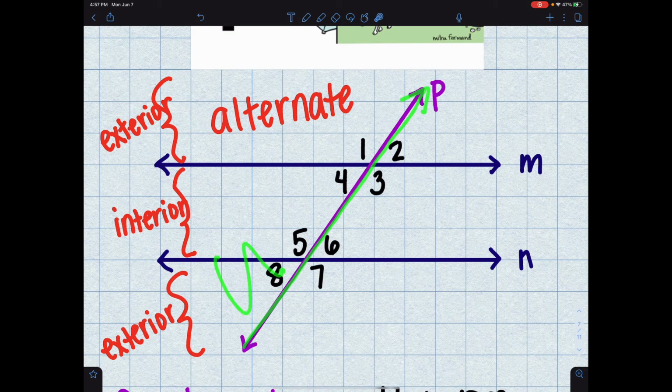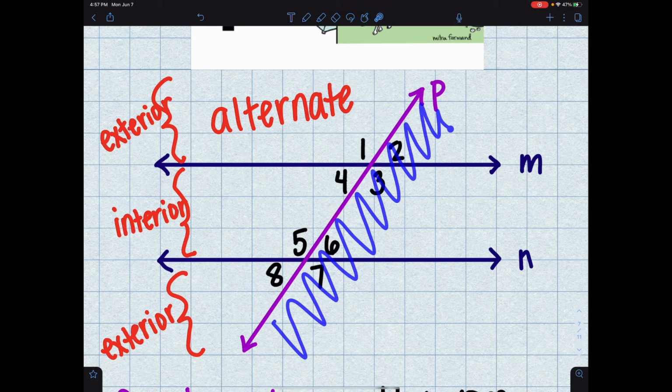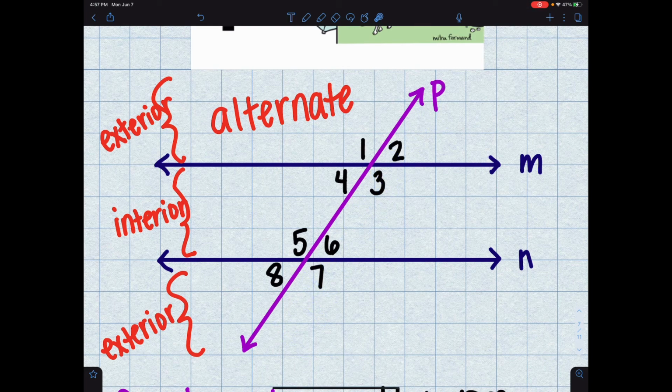So everything here is on the normal universe side, and everything here is part of the alternate universe. Okay? So angle 4 is an alternate interior angle to angle 6, because it's on the opposite side of P, that means it's in the alternate universe.